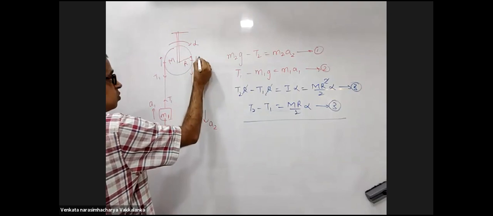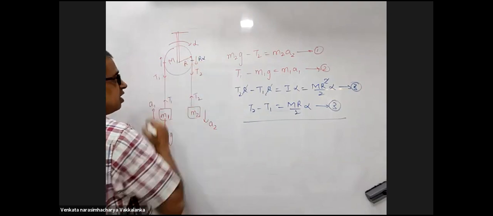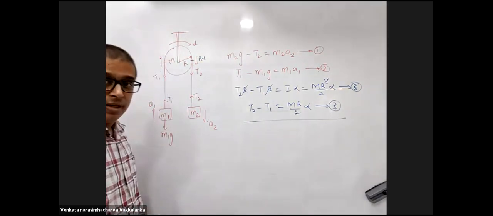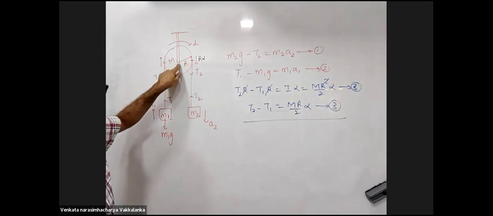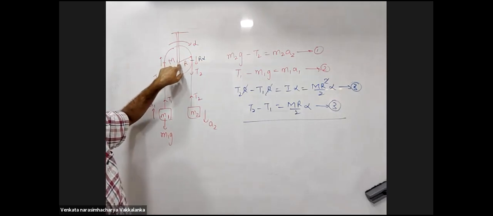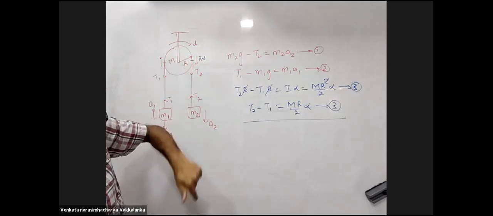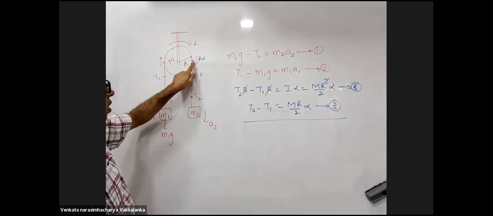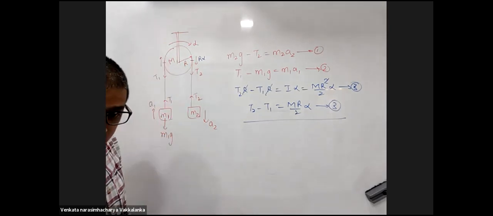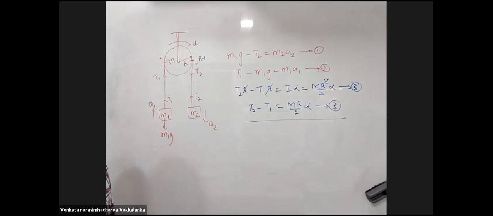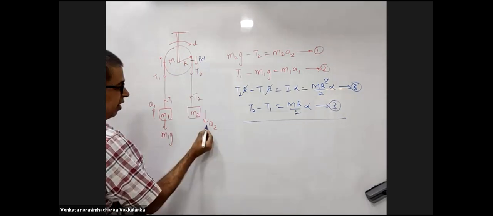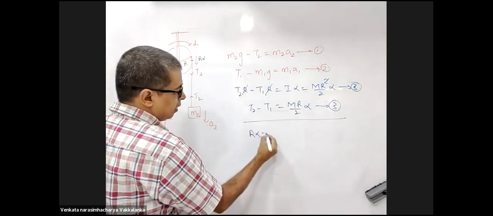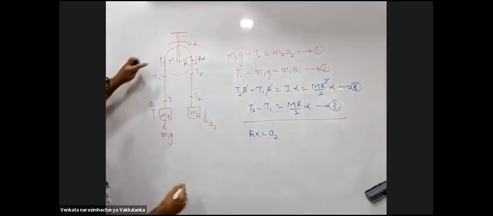Now constraints. R alpha is the acceleration of this point. Acceleration of this point with respect to center of mass plus acceleration of center of mass with respect to the ground is acceleration of this point with respect to ground. So R alpha and A2 should be equal. R alpha is equal to A2.